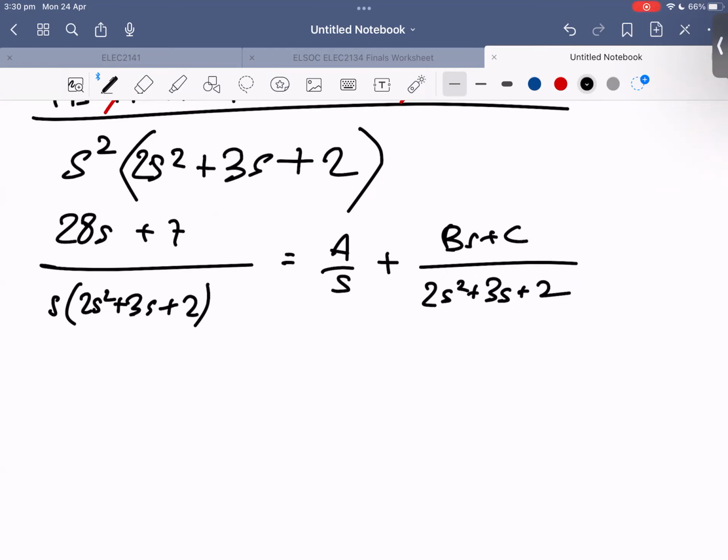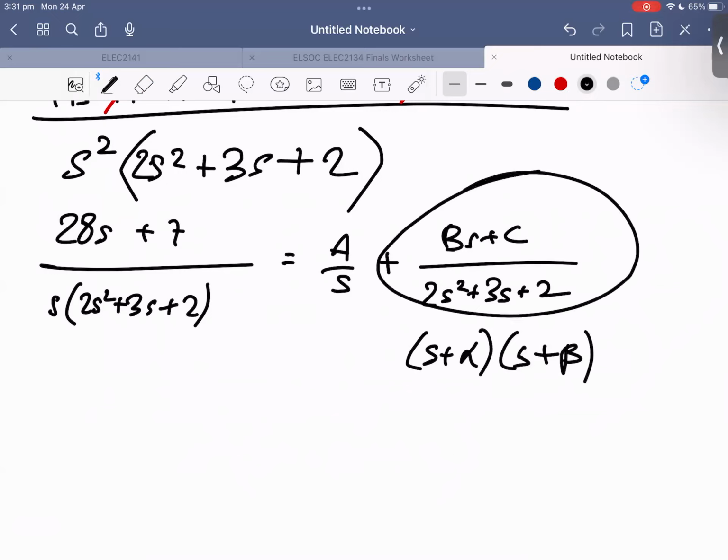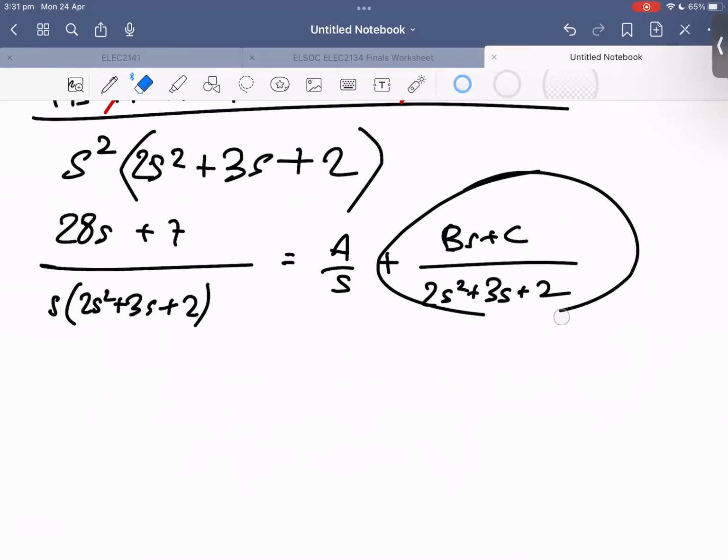So let me check. 3 squared minus 4 times 2 times 2. Yeah, so the discriminant of this is -7. So you can't factorize this into S plus alpha, S plus beta. So you just have to roll with this. Cool.